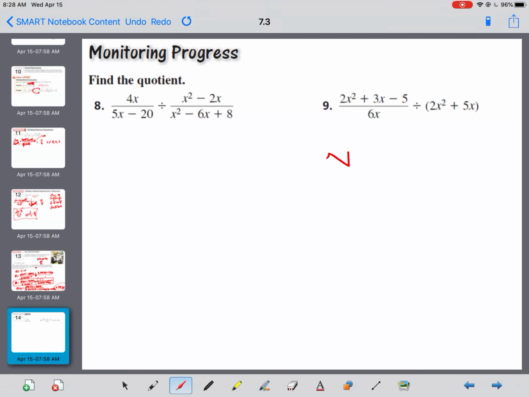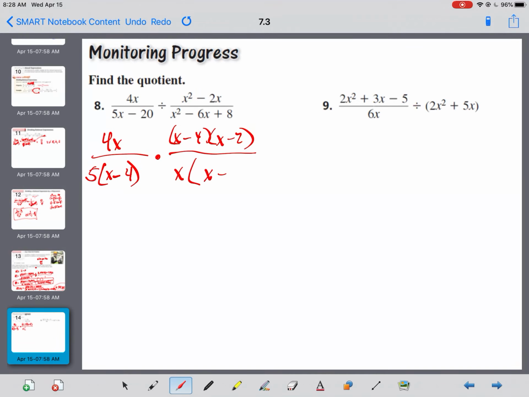All right, find the quotient. Give these two a try. Come back, see how you did. All right, stay, change, flip. 4x. 5 comes out. X minus 4. Change. Flip it over. So we got x, factors of 8 that add to 6 is 4 and 2, and they both need to be negative.